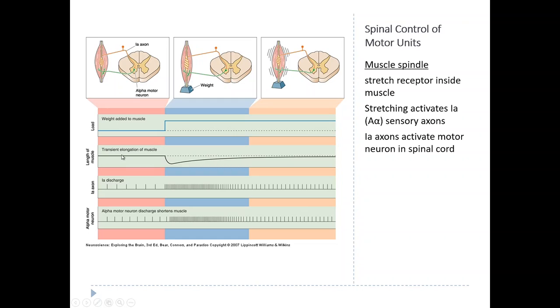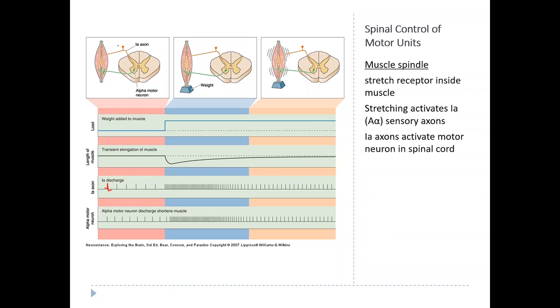So here you can see the length of the muscle, and what happens is as the weight is applied, the muscle lengthens because of stretching. So again, this is the muscle being stretched, and as the muscle is stretched, the 1A axon starts to fire action potentials. So these little spikes, remember, are action potentials coming from this neuron right here.